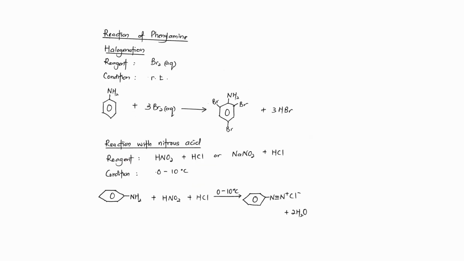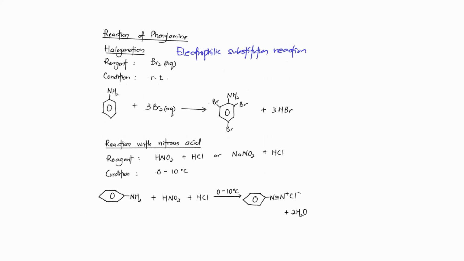After formation of amine, next we'll move into reaction of phenylamine. We have a benzene ring in phenylamine. The benzene ring in phenylamine will react with Br2 aqueous under electrophilic substitution reaction.